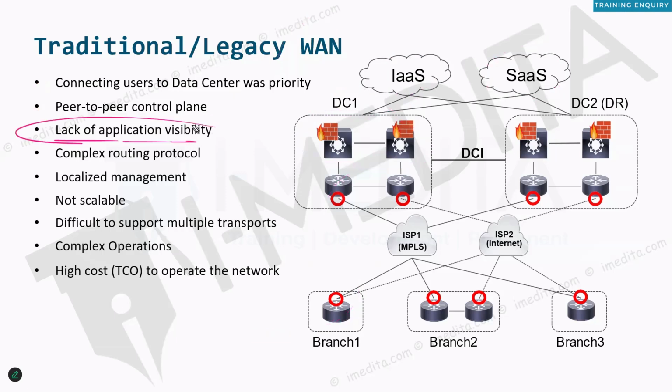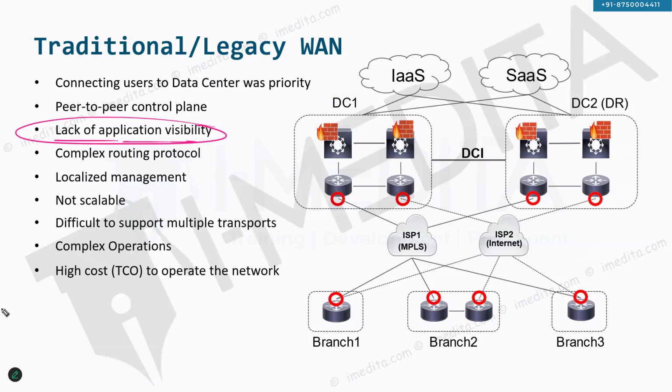Lack of application visibility. The traditional WAN, the legacy WAN that we have, is not application aware. Limited application visibility basically means that the modern day applications that we deploy on the clouds or the applications that we are running in the data center, the legacy WAN is not aware of those application services.